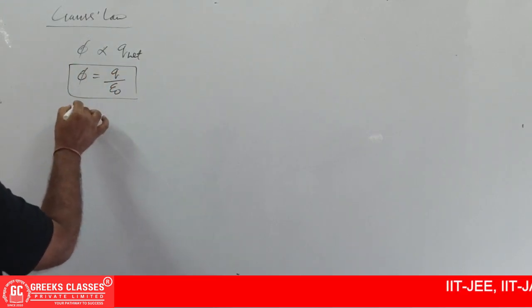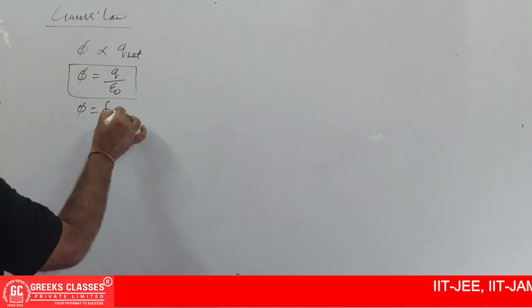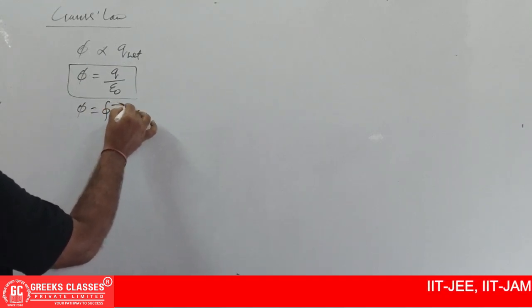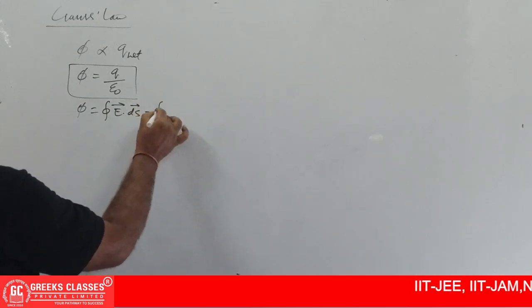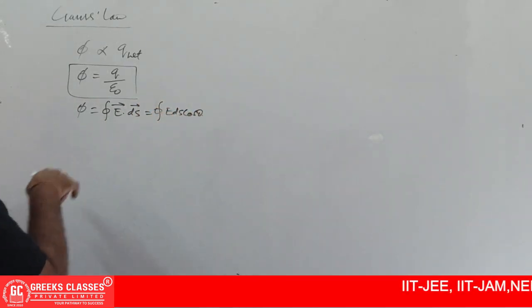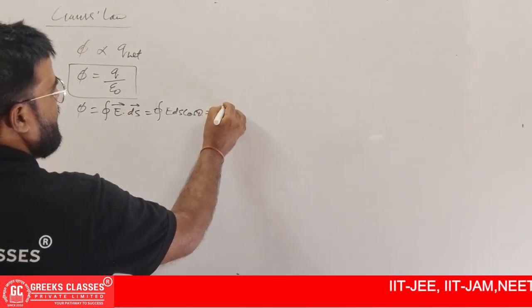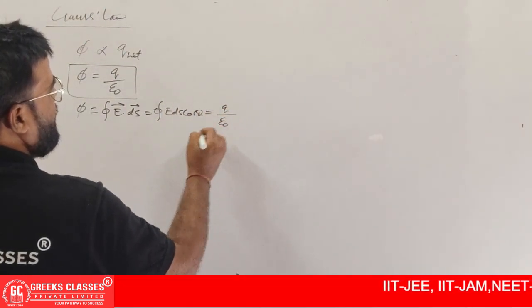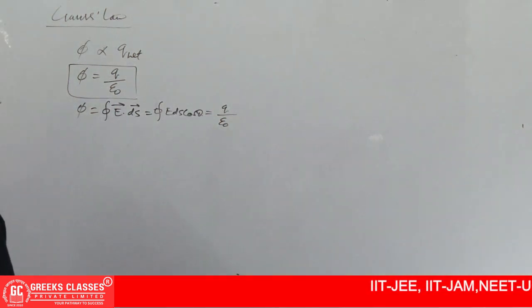Now what is phi? We know that phi is equal to the closed integral of E dot ds, or you can say E ds cos theta. So this is the Gauss law, that the closed integral of E ds cos theta will be equal to Q upon epsilon naught, where Q is the total charge enclosed by that surface.